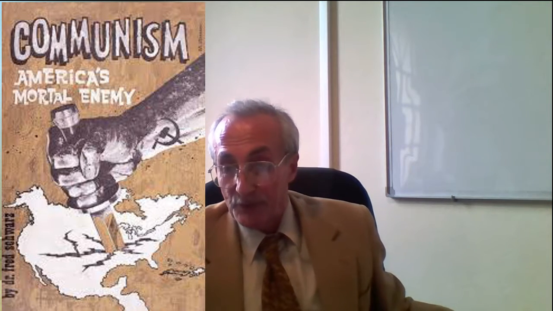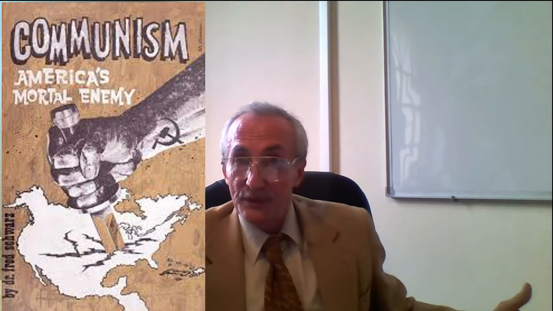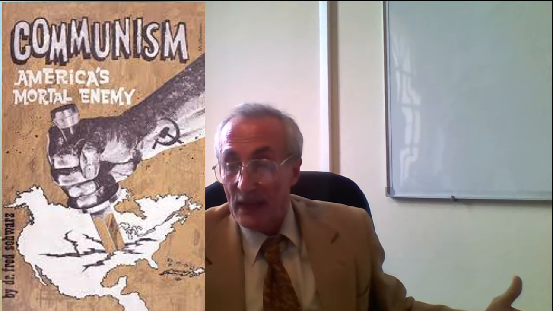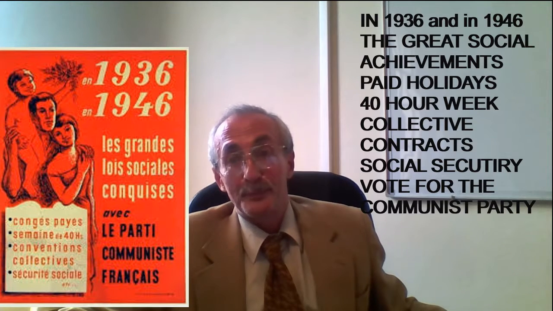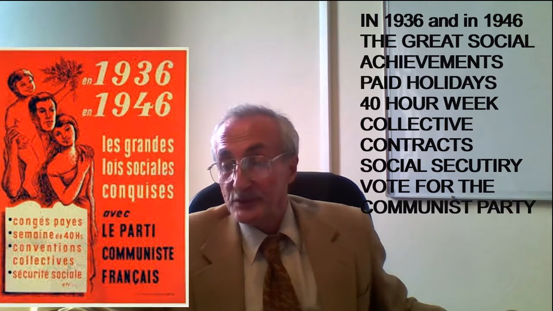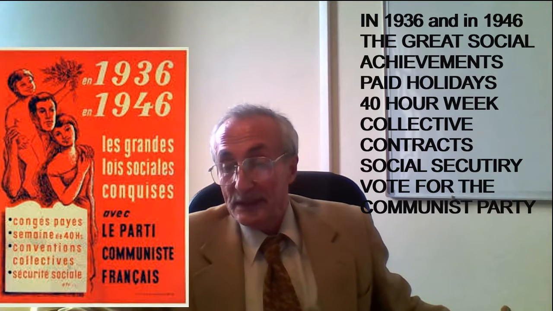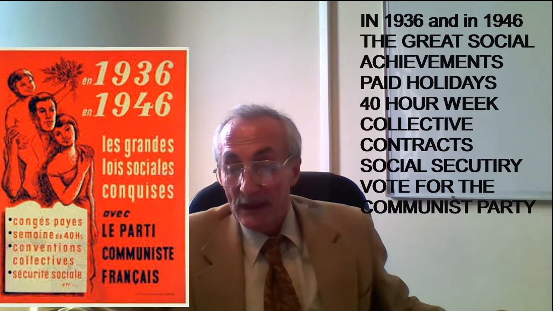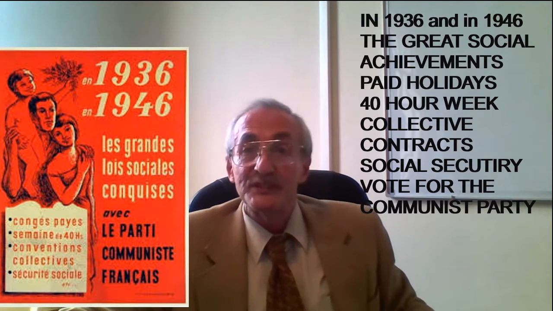The very first elections in France in 1946, these were the official results. The Parti Communiste Français, the Communist Party, 25% of the vote. The Socialist Party of France, 21% of the vote, which means that together they had 46% of the vote. And the distant third was the Popular Republican Party, Parti Républicain, 28%.